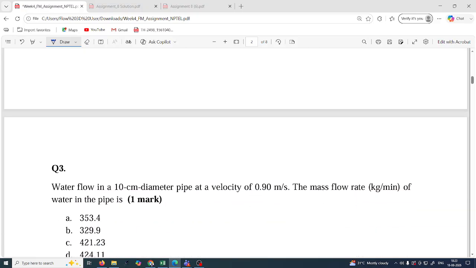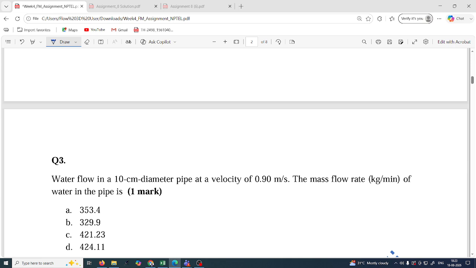So next question, numerical. Question 3. Water flows in a 10 centimeter diameter pipe at a velocity of 0.9 meter per second.